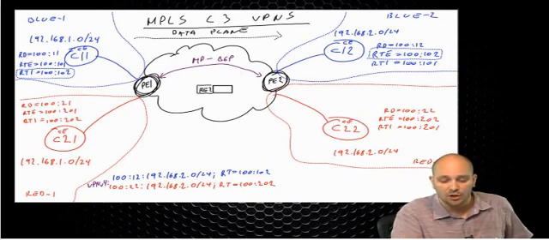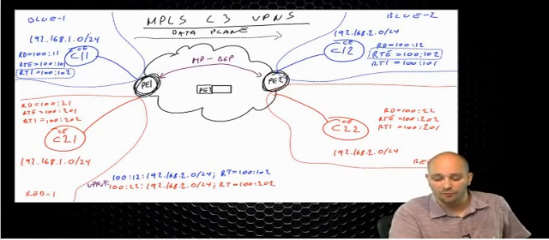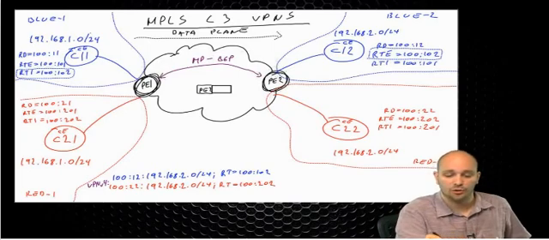What I need here is something to help P2 identify that this is actually blue or red traffic. What I need is some label that PE1 is going to install on the packet based on the information that PE2 told it. And this is exactly what's going to happen.